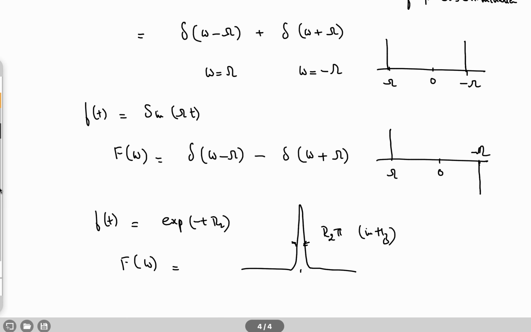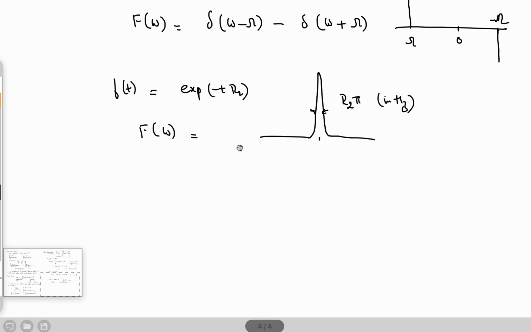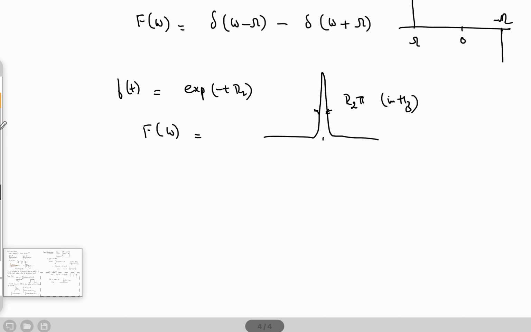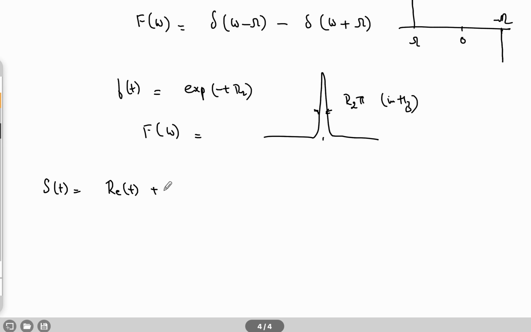So now let us go back to the NMR signal. Okay, so as we were discussing, the NMR signal is a complex signal, so you have a real and an imaginary part.